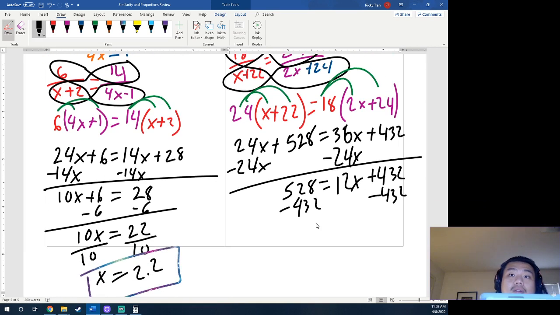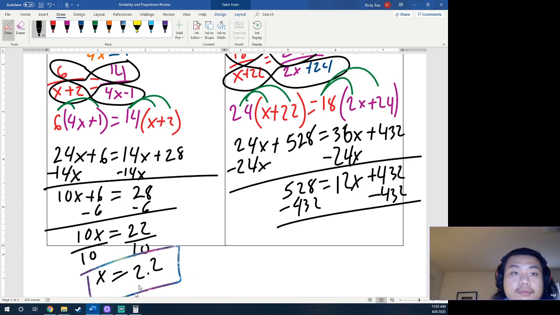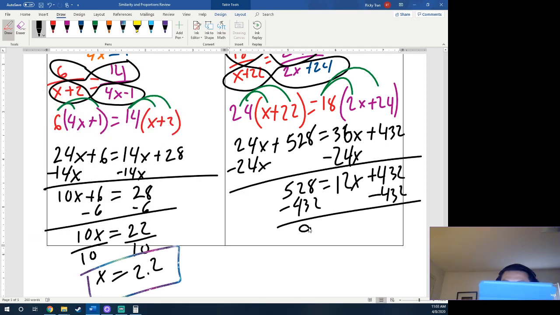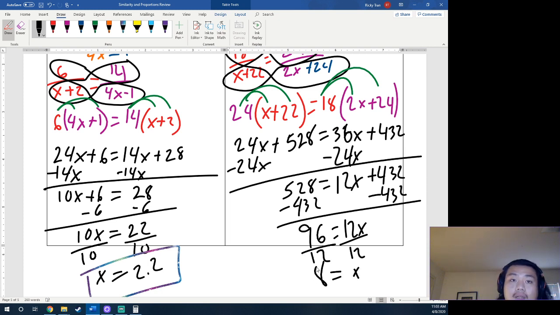That's going to give us 528 minus 432, or 96, is equal to 12x, and you divide by 12, and x is equal to 8. All right, and there's your answer.